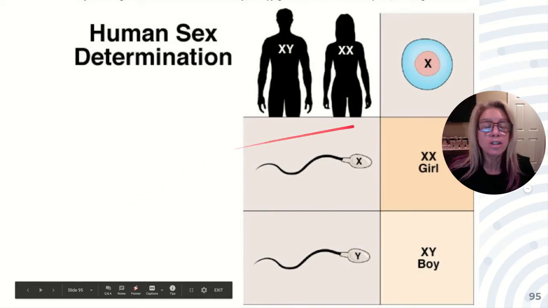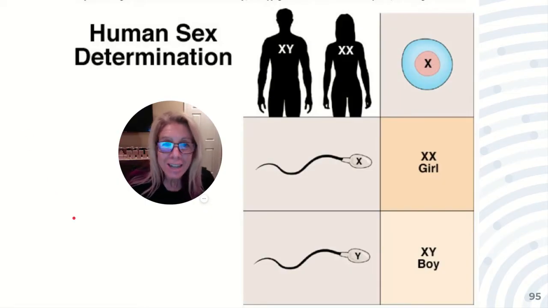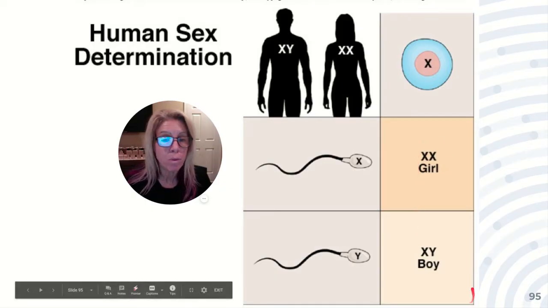All right, so the next exception we want to talk about is human sex determination. So for us, XX is female and XY is male. What I want you to see right away is that girls have 2 copies of the X chromosome, whereas boys only have 1 copy. Again, back to the law of dominance, right?